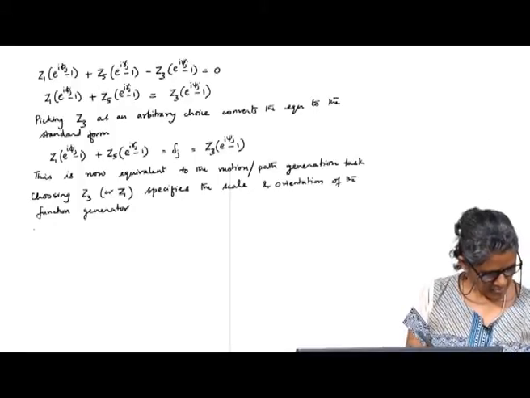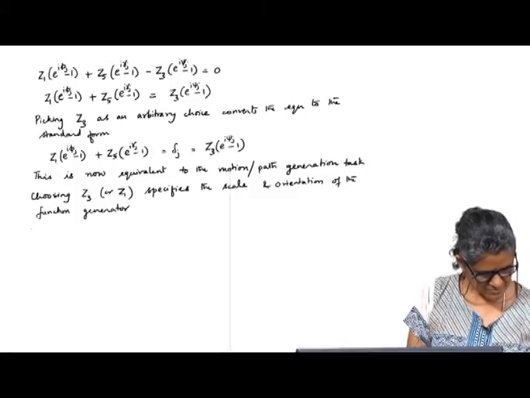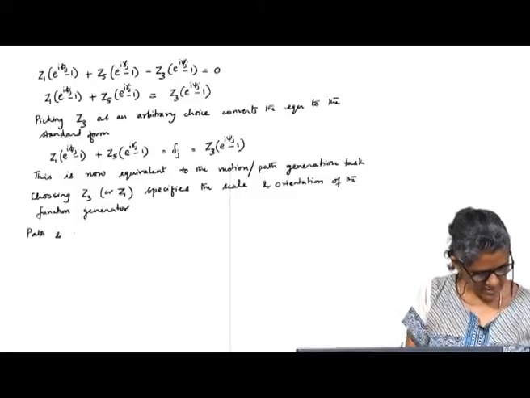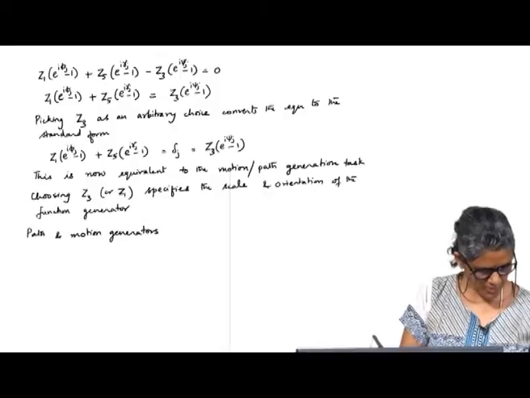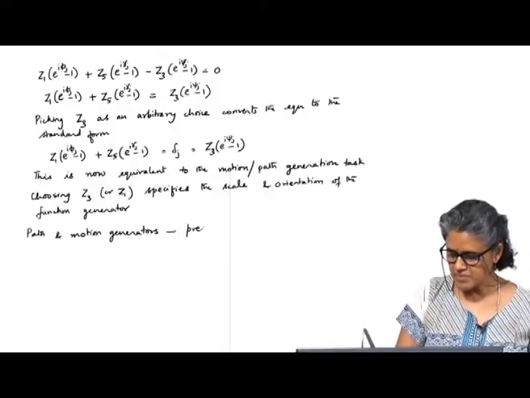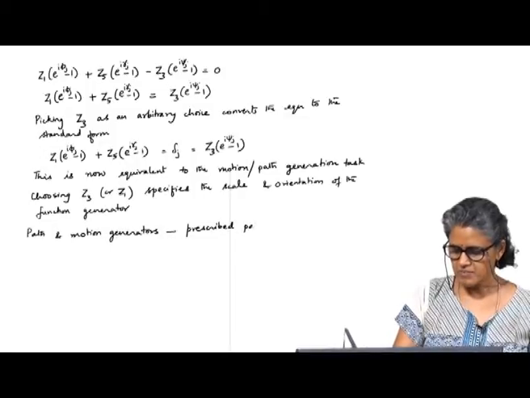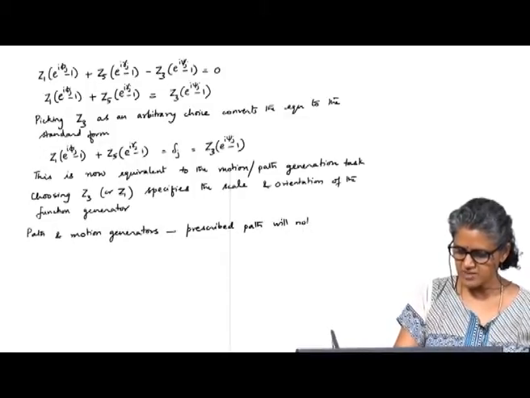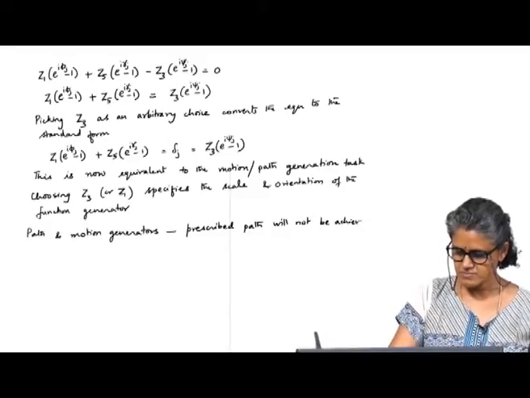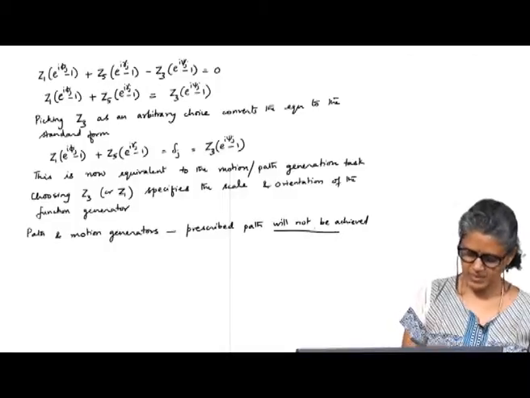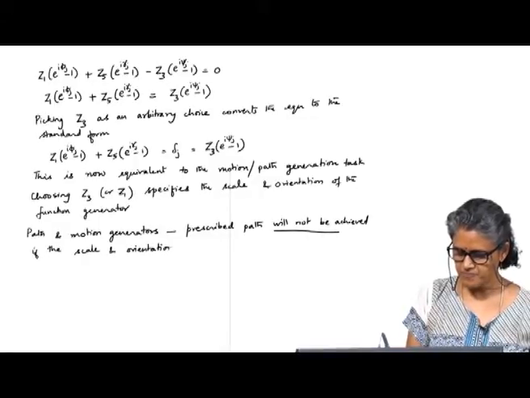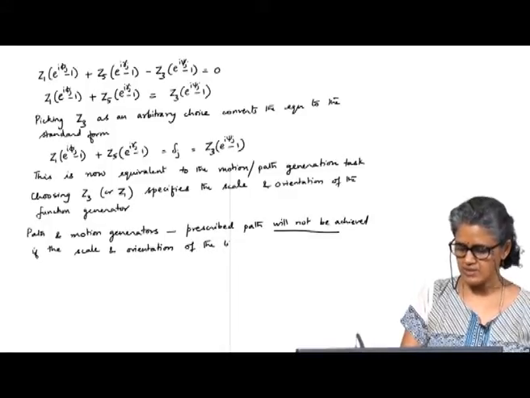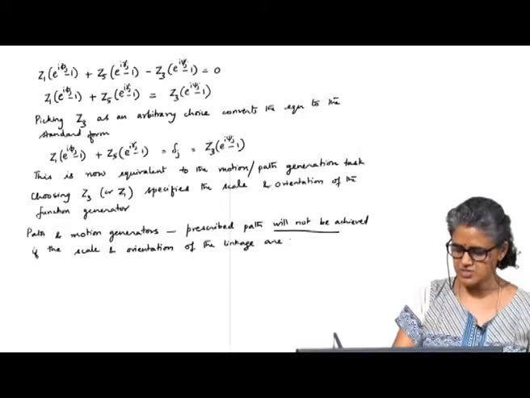So, for path and motion generators, this is important: the prescribed path will not be achieved if the scale and orientation of the linkage are changed.